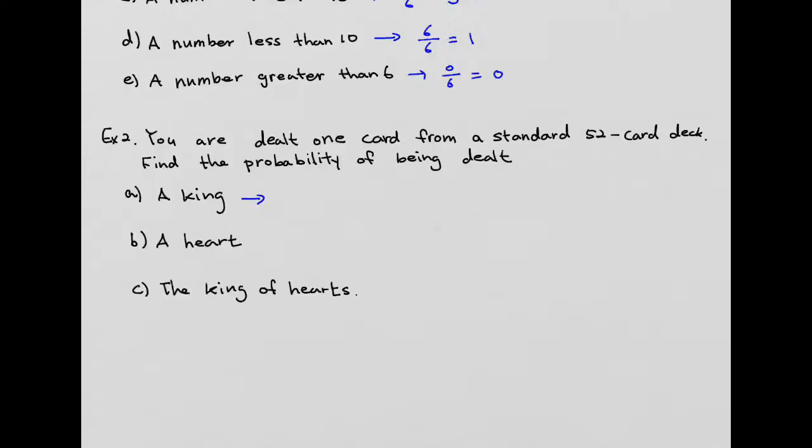I think this is the first exercise where we're talking about the standard 52 cards. We have 4 different suits, and each suit has 13 cards: numbers 1 through 10, and you have a king, jack, and queen. So that makes it 13.